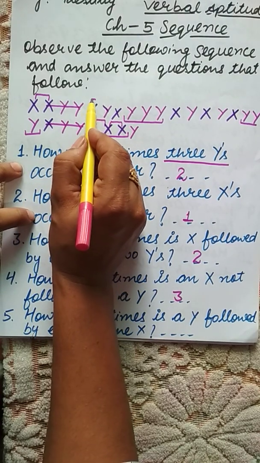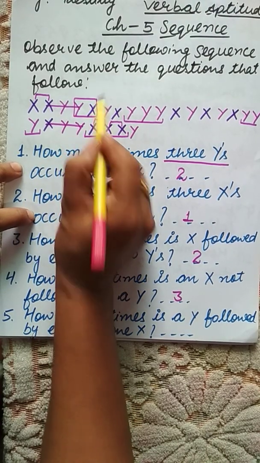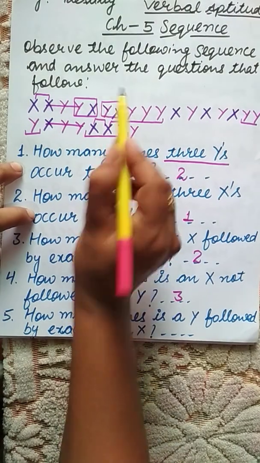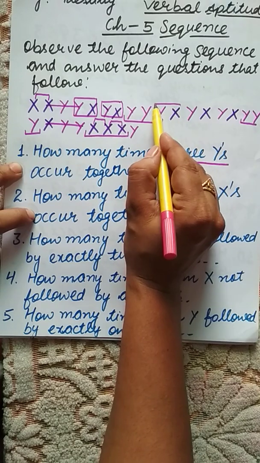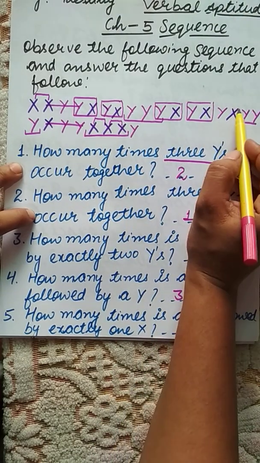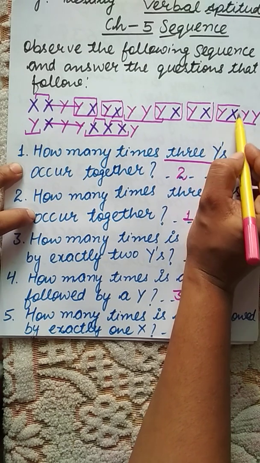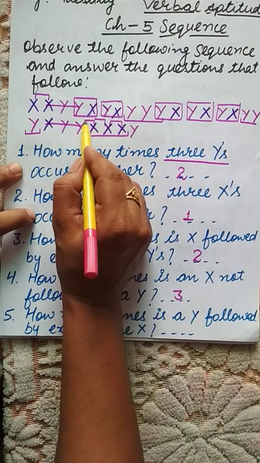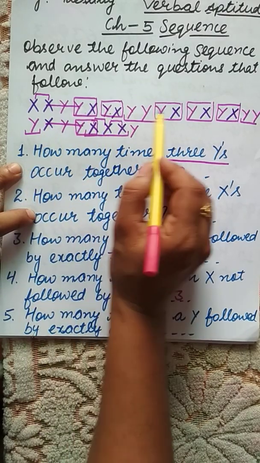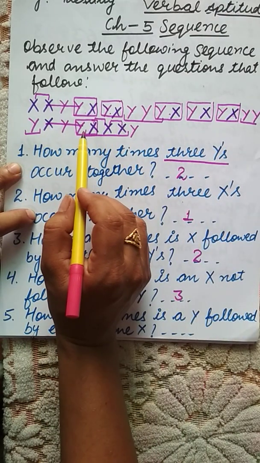So, this y is followed by x. This y is again followed by x. This y is followed by x, and this one, and this one, and this one. That makes 1, 2, 3, 4, 5.